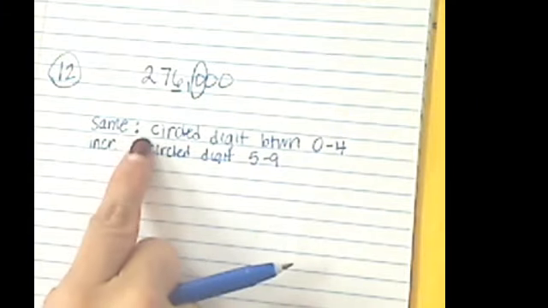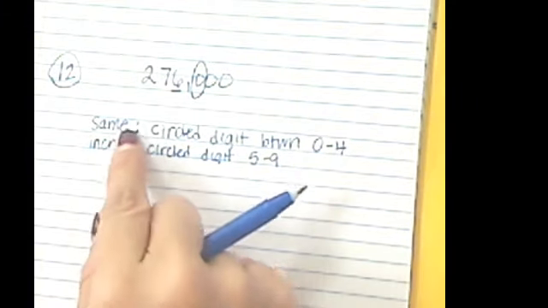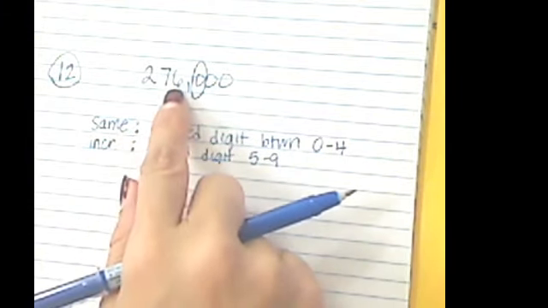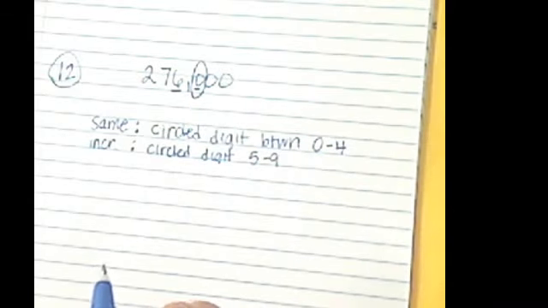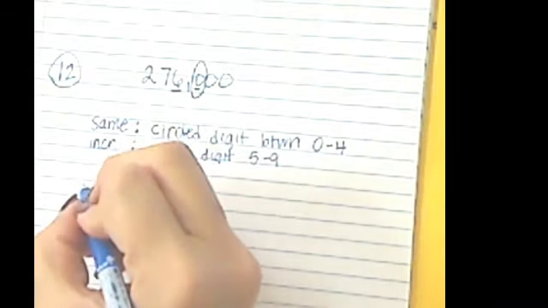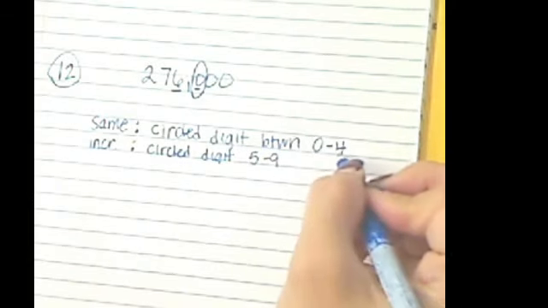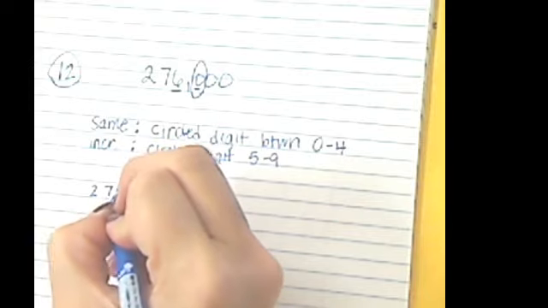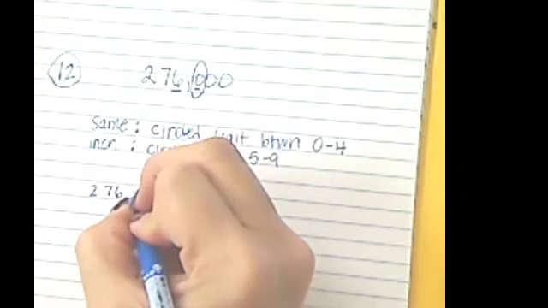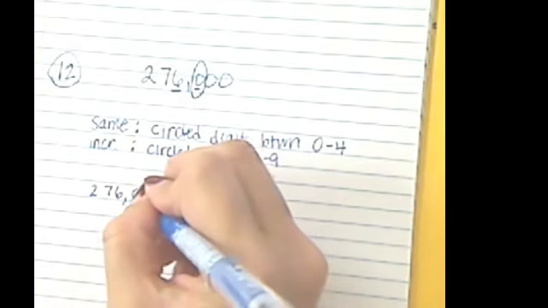So let's see here. If I had kept this the same, what are some numbers that could be here that would have kept this 6 the same? We know it's between 0 and 4, so we could do 276,000, okay, with any digit here.